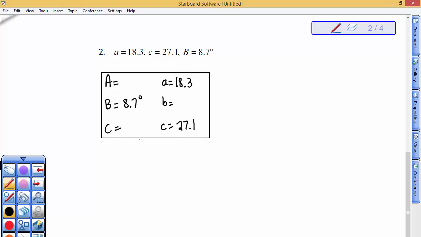So I hope you can see that there's nowhere that you know only two here, just two, the A's and the C's, you only know two pieces of information. So you've got to turn to this format of the law of cosines.